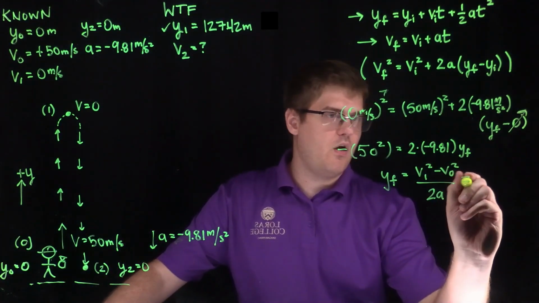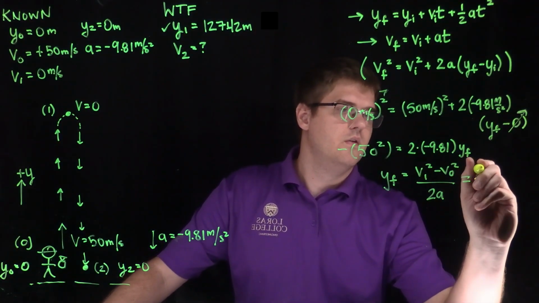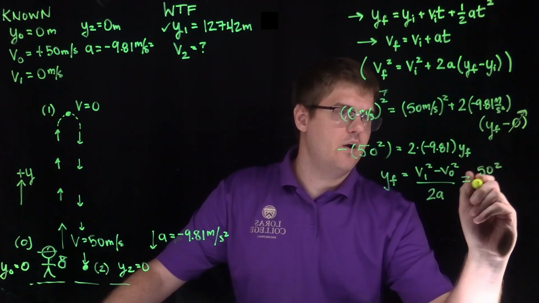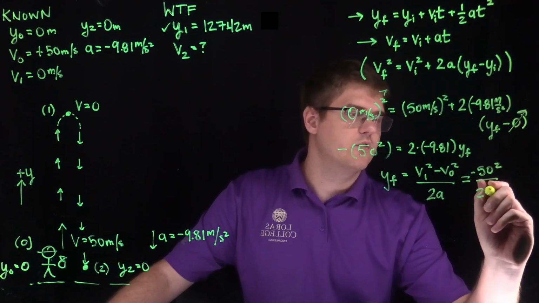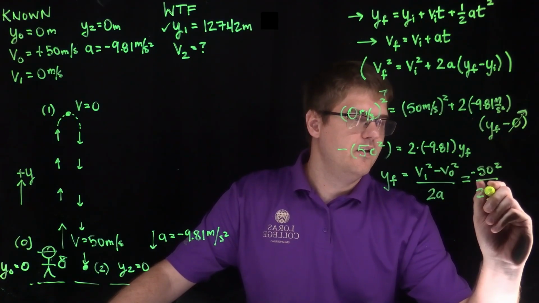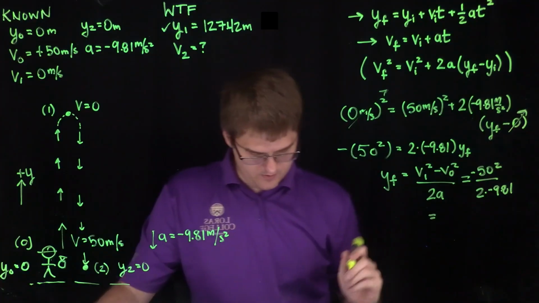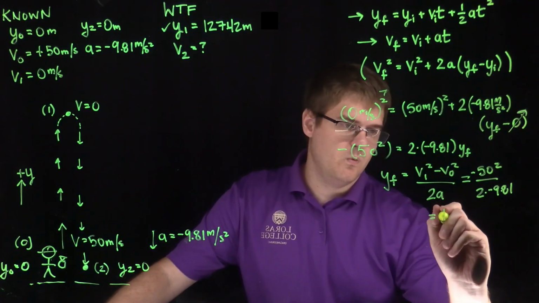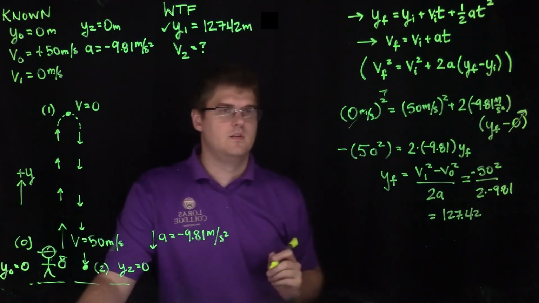But if I plug all of this into my calculator, this is going to be negative 50 squared over 2 times negative 9.81. And that final number is still 127.42 meters.